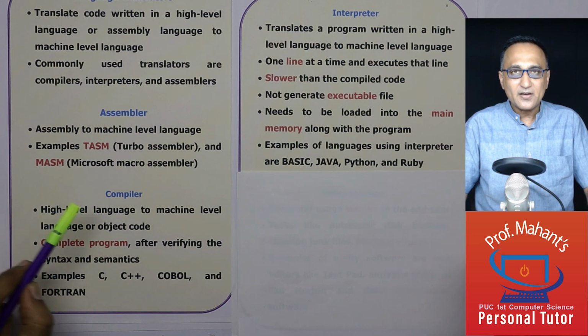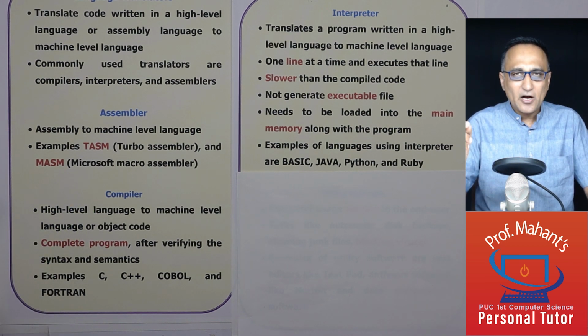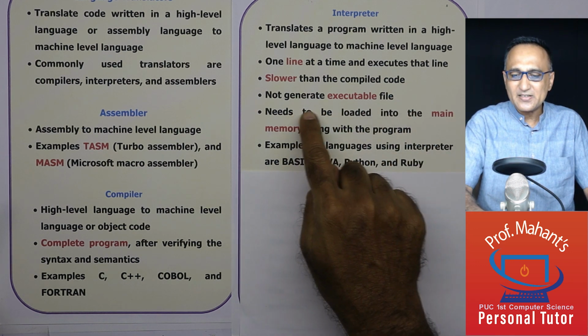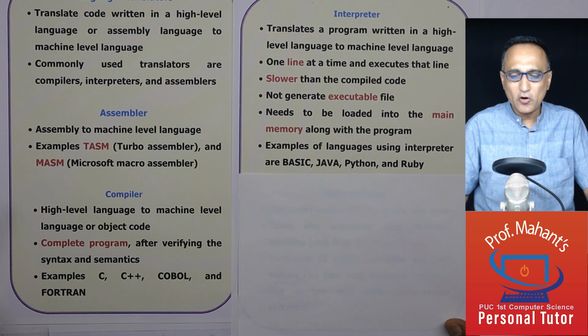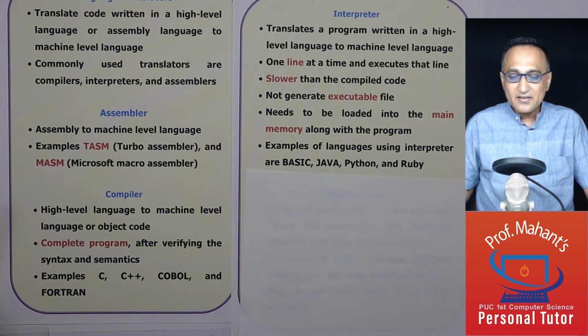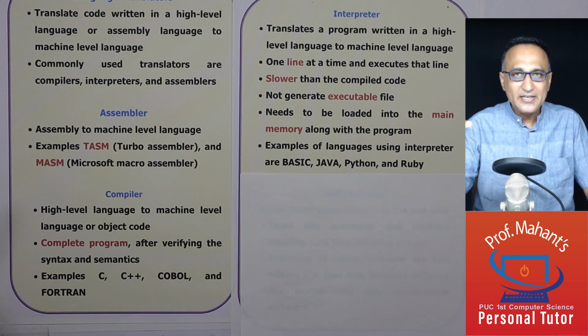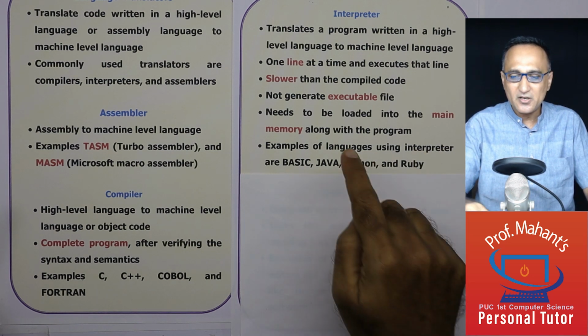Now, a compiler will create an output file which can be run on the machine. Generally on Windows it will be .exe, on Linux it will be a.out. Whereas an interpreter does not create an executable or a .exe or a.out file. Another interesting thing with the interpreter, every time you need to run the program, the interpreter also needs to be in main memory to run it.